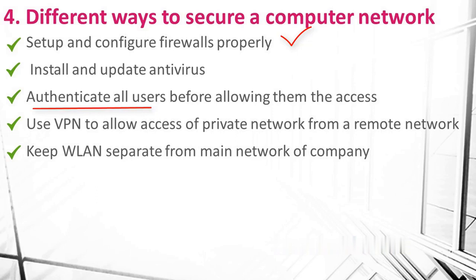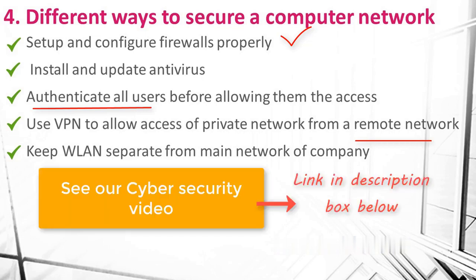Also, use a VPN, that is a virtual private network, if you allow your employees to access the private network from remote networks. VPN uses encryption and multi-factor authentication to provide greater security. And lastly, keep your wireless local area network separate from the main company network. So these are some of the important ways to keep your computer network secured.